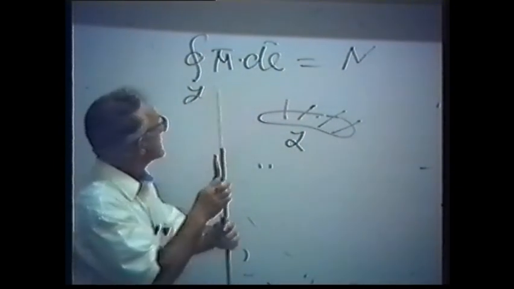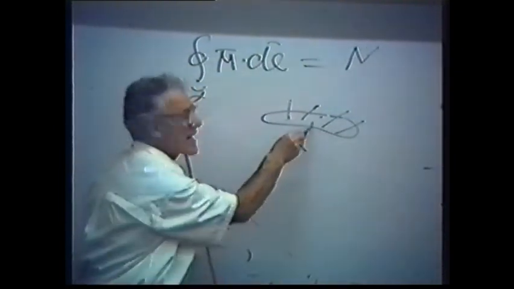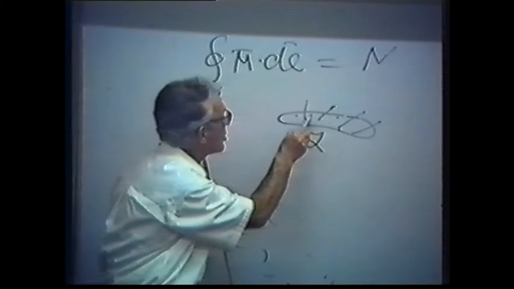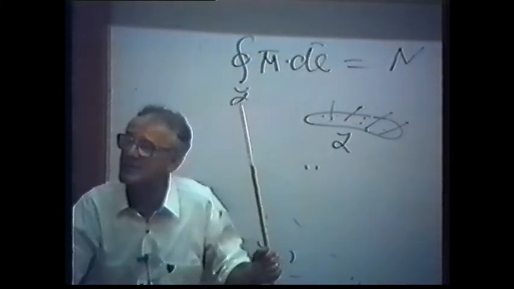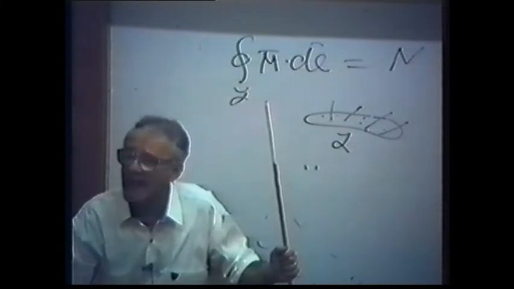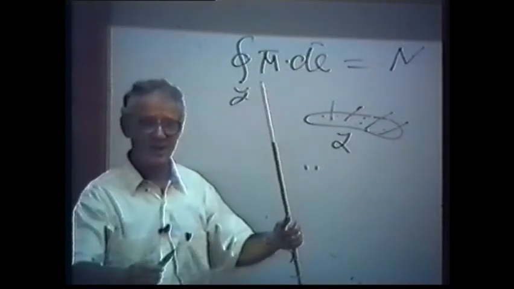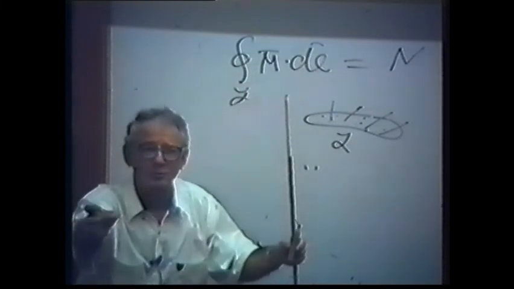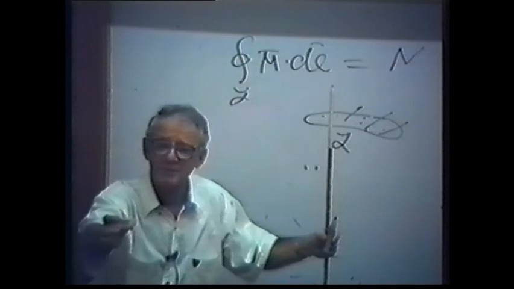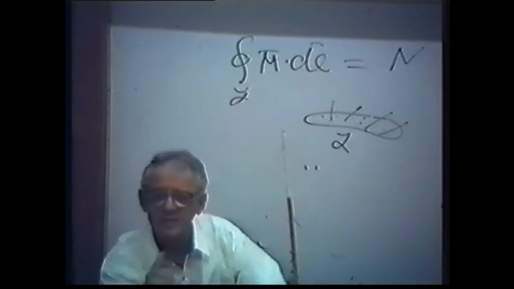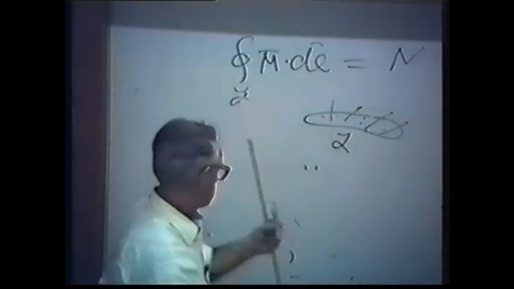Now, this integral does not tell you where these vortexes are. Here, here, here, here. You remember? The same story happens with flux. So the mathematician decided, very well, let me take a small contour. Small. What does it mean, small? Such small that the vortexes will be distributed uniformly.